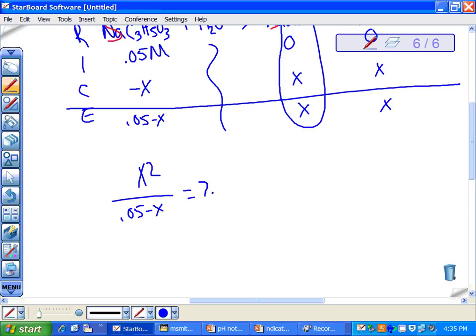Come out with 7.25 times 10 to the negative 11th power. And then you can solve for your x, which is 1.9 times 10 to the negative 6.